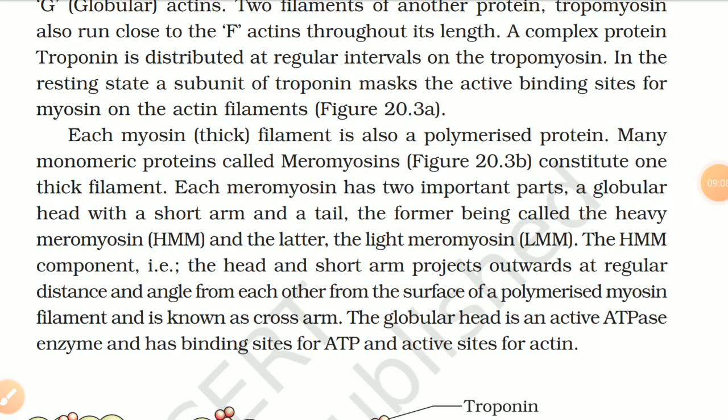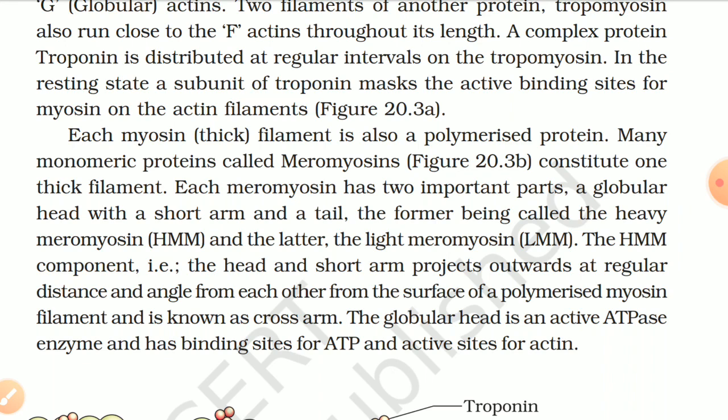Each myosin thick filament is also a polymerized protein. Many monomeric proteins called meromyosin, figure 20.3b, constitute one thick filament. Each meromyosin has two important parts, a globular head with a short arm and a tail, the former being called the heavy meromyosin, HMM, and the latter the light meromyosin, LMM.